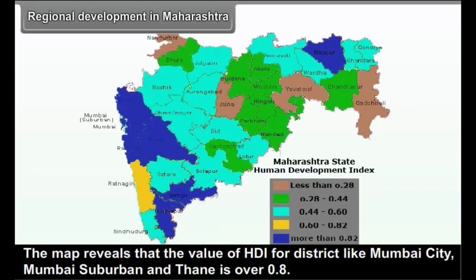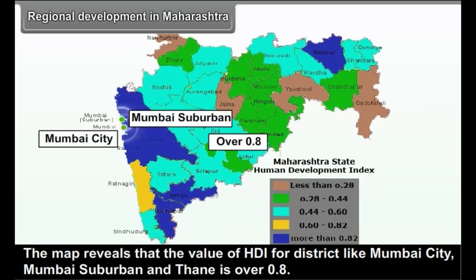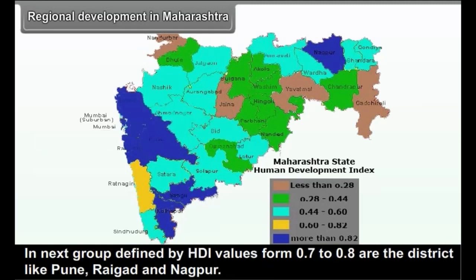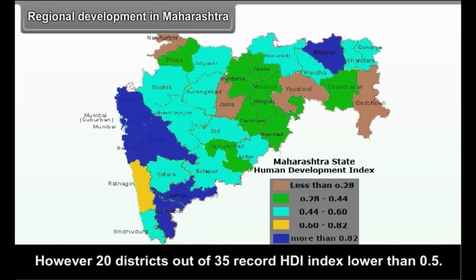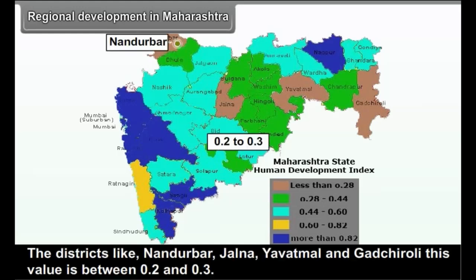The map reveals that the value of HDI for districts like Mumbai City, Mumbai Suburban and Thane is over 0.8. In the next group, defined by HDI values from 0.7 to 0.8, are districts like Pune, Raigad and Nagpur. However, 20 districts out of 35 record HDI lower than 0.5.